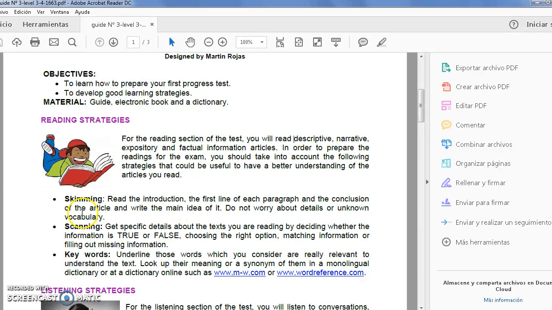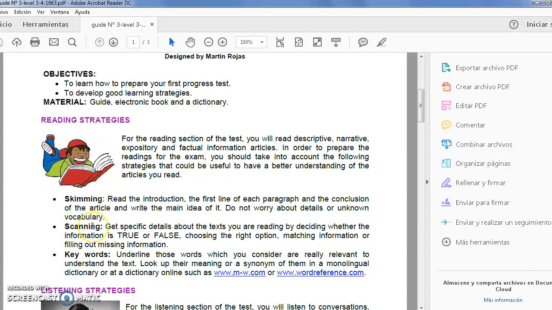There are three. The first one is called skimming. Skimming means that you're going to read just the basic information. Could be the first line of each paragraph, or the introduction and the conclusion of the text, the first paragraph and the last paragraph, in order to get the main idea of it, what the basic topic of this reading is.